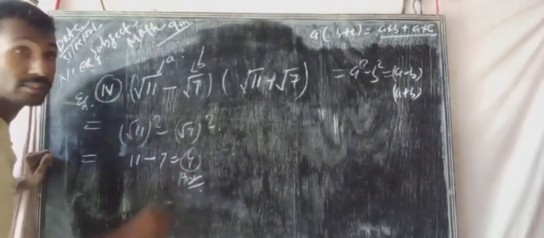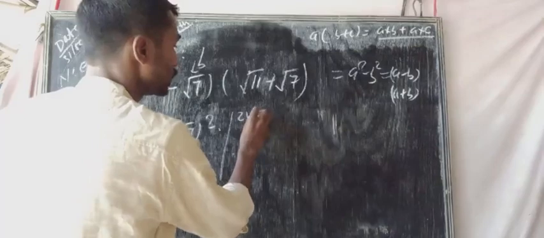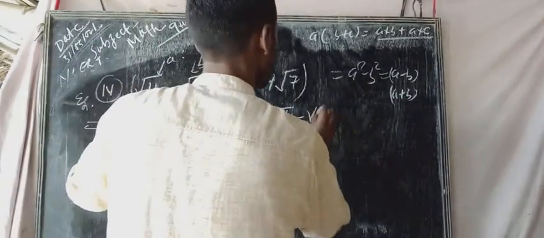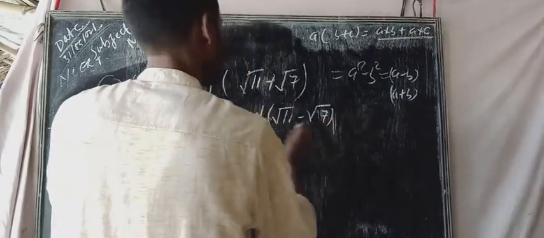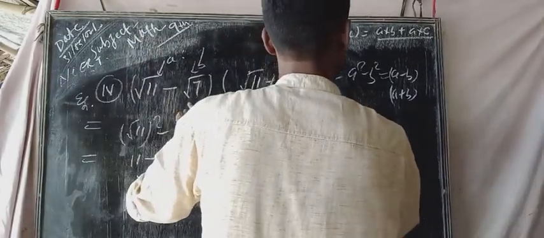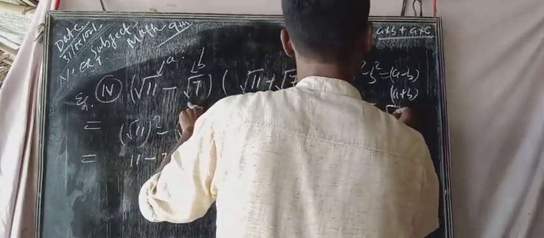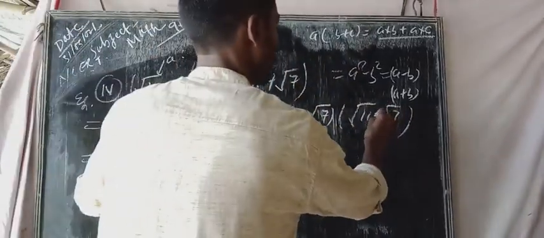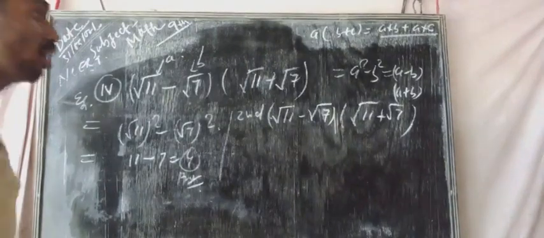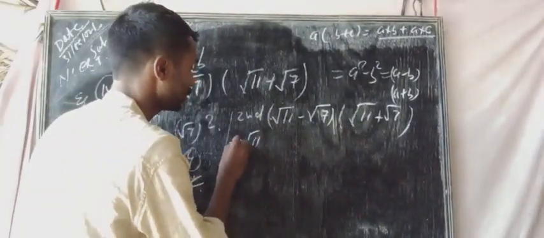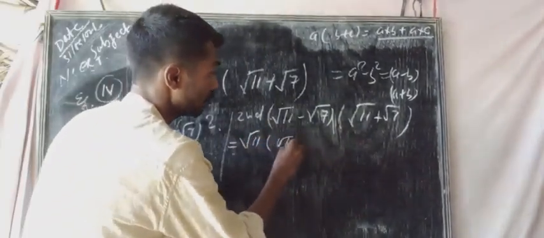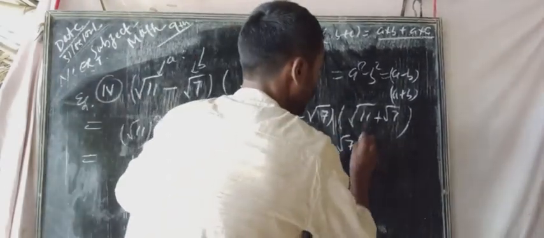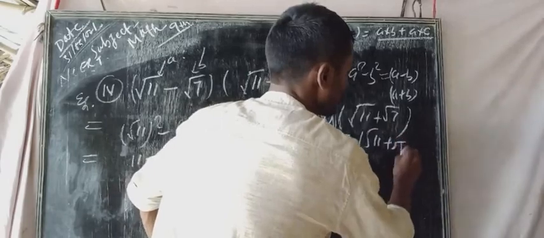And the second method is root 11 minus root 7 and root 11 plus root 7. Now root 11 is multiplied by root 11 plus root 7, and minus root 7 is multiplied by root 11 plus root 7.